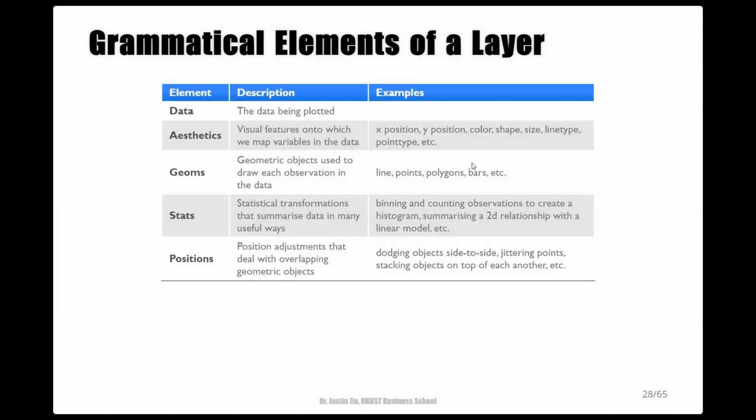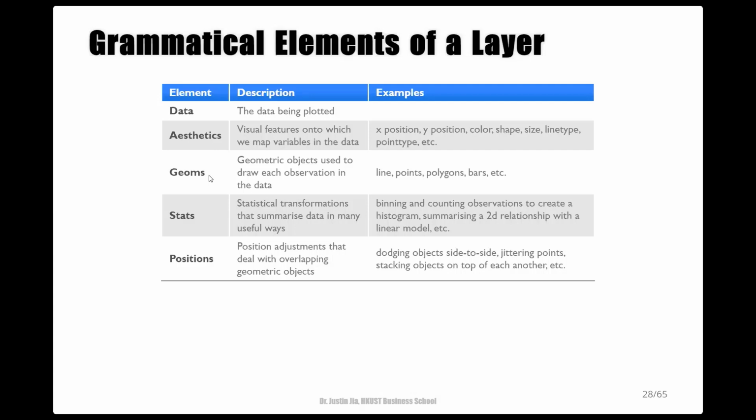Now, perhaps it's a good time to summarize the grammatical elements we've discussed so far before moving forward. To create a plotting layer with ggplot2, we need to first have a data frame that contains all the data to be plotted. Then, we need aesthetic mappings to describe how the data are mapped to things like colors, sizes, shapes, etc. And geoms are specific objects that we are going to put onto the graph.